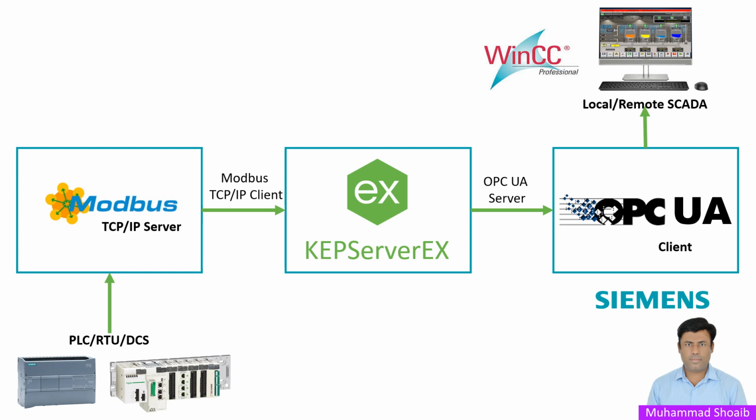After that, in the second step, Kepware server works as an OPC UA server, and we will configure the WinCC SCADA system and fetch data from the Kepware server. So let's see how we can configure in this case.